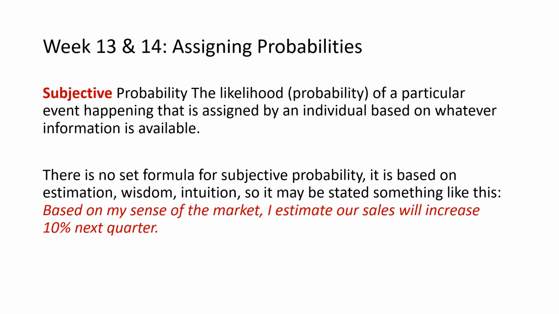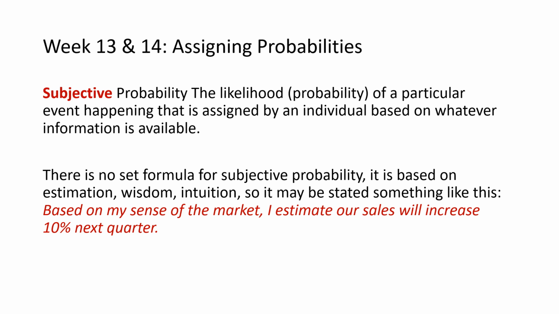The third type of probability, there are no formulas for. This is called subjective. This is a likelihood or a chance of something happening based on some sort of information, possibly intuition, some sort of estimation, experience, background knowledge, wisdom, whatever you want to call it.